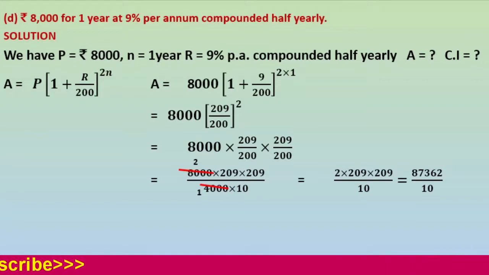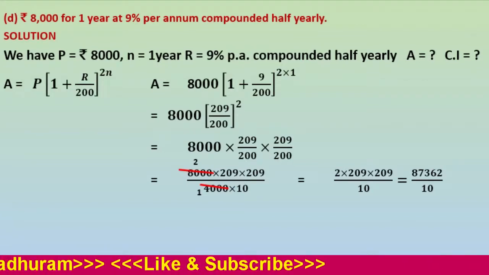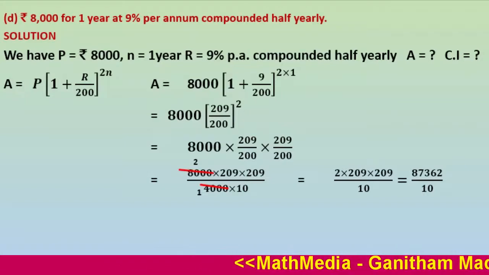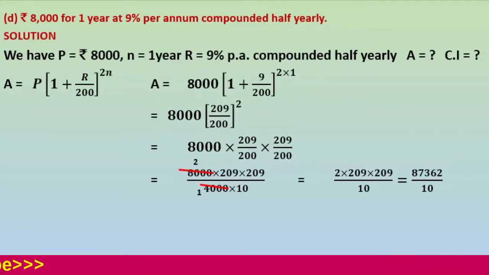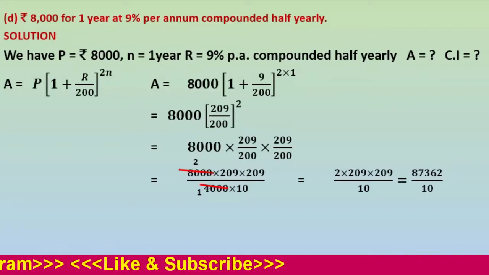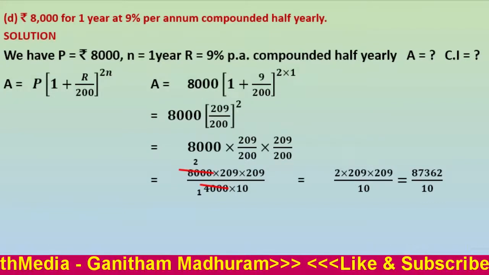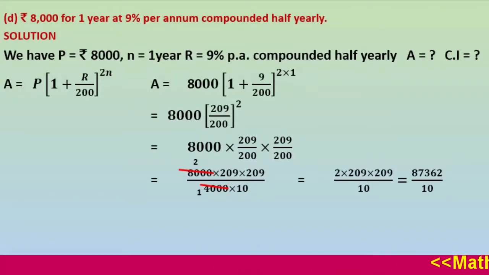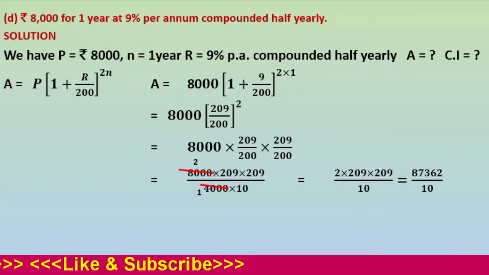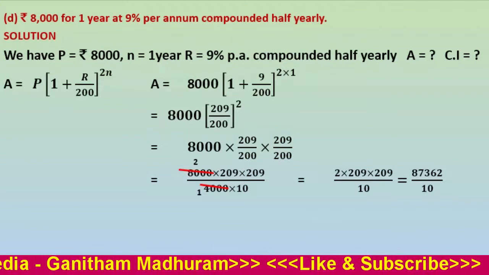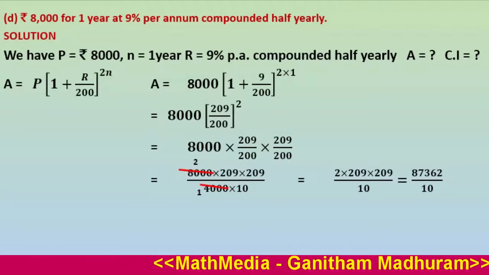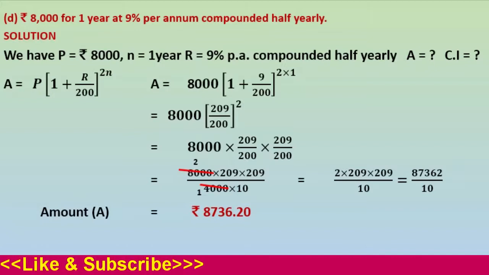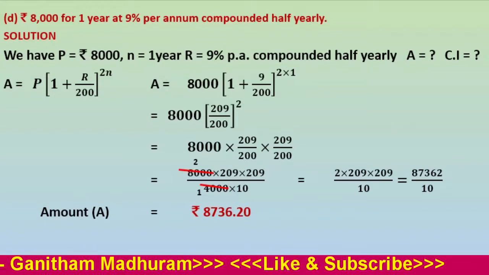So we get 2 into 209 into 209 whole divided by 10. While multiplying 2 into 209 into 209, we get 87,362 divided by 10. Division by 10 means remove one digit from the right side and put a decimal. So we get 8,736.20. That is, our amount is rupees 8,736.20.